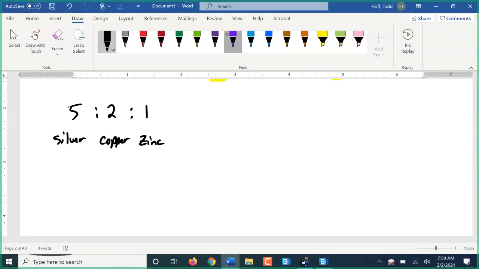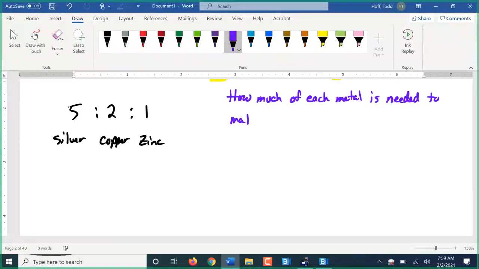Again, I'm going to ask how much of each. I should say that this is a ratio by weight, not by volume. How much of each metal is needed to make 72 pounds of alloy?